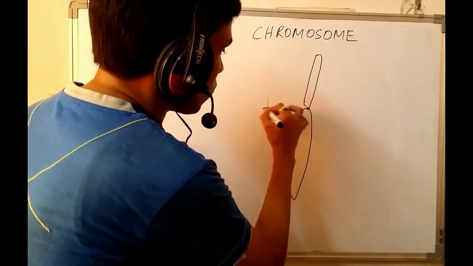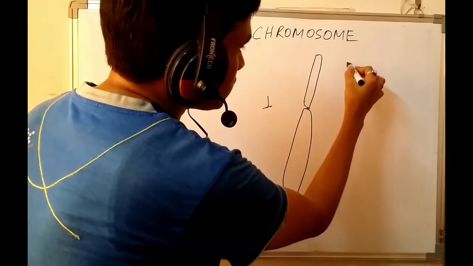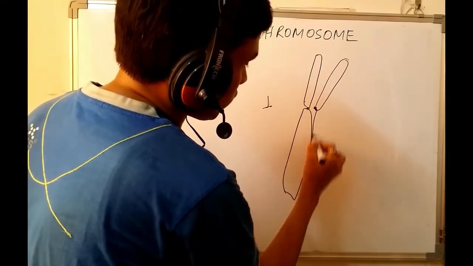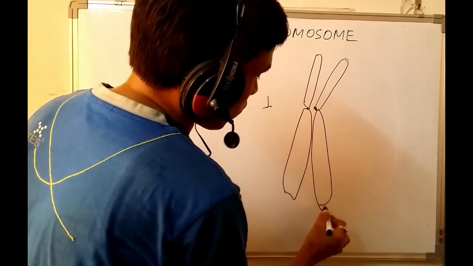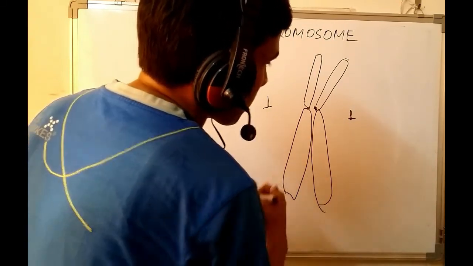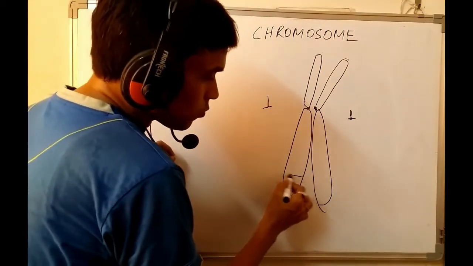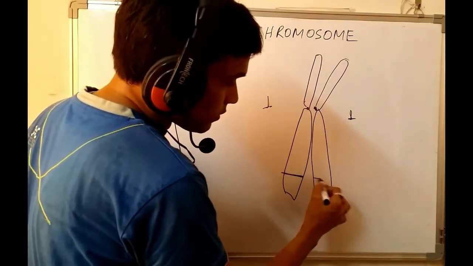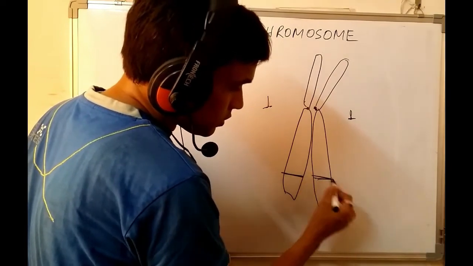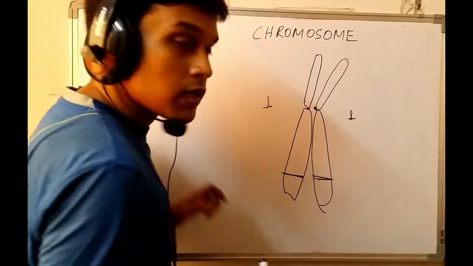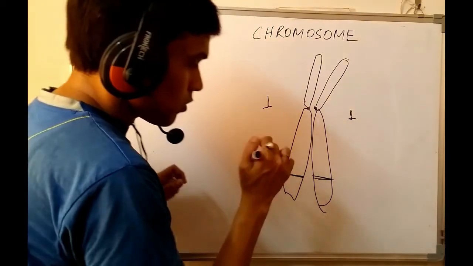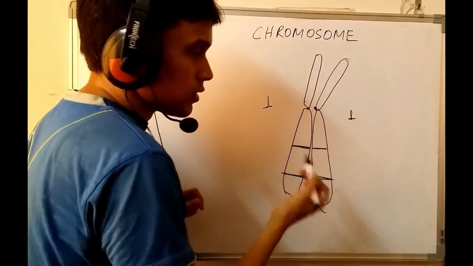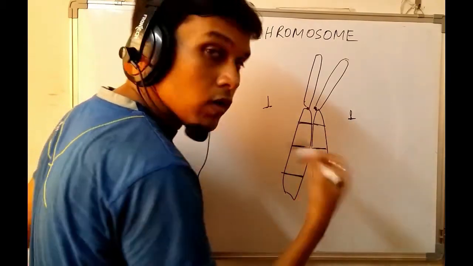Suppose this is chromosome 1 and another chromosome, suppose this is also chromosome 1. If one gene is present here in the chromosome, then obviously another gene is present at the same place in the other chromosome, because they are homologous.